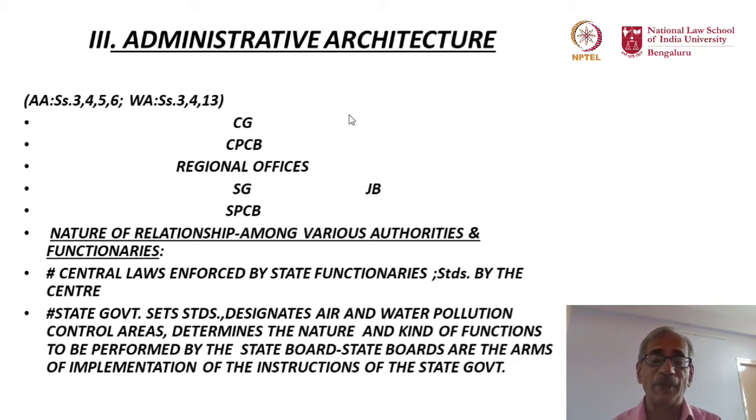And then at the state level, you have the state government, and under its immediate authority, you have the State Pollution Control Board. This is the general structure of administration. Central government, under it the Central Pollution Control Board and regional offices. State government, under it the State Pollution Control Board.